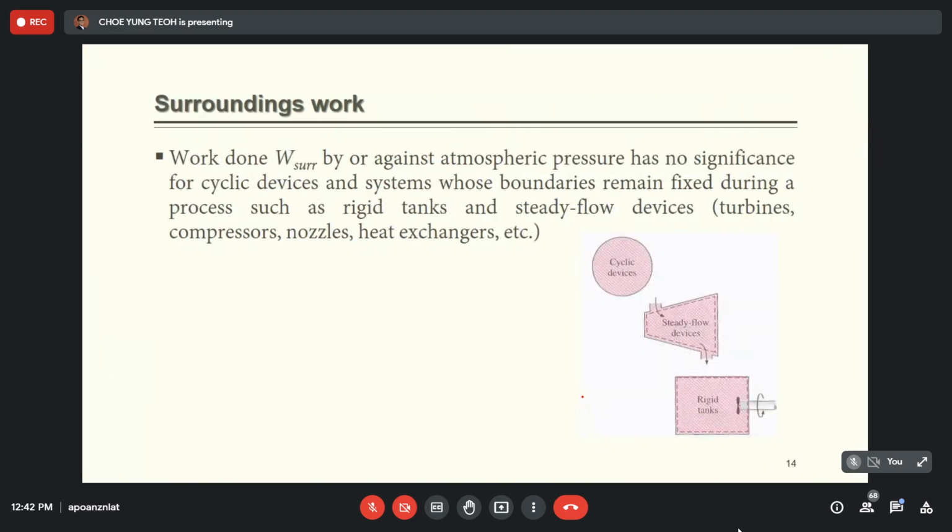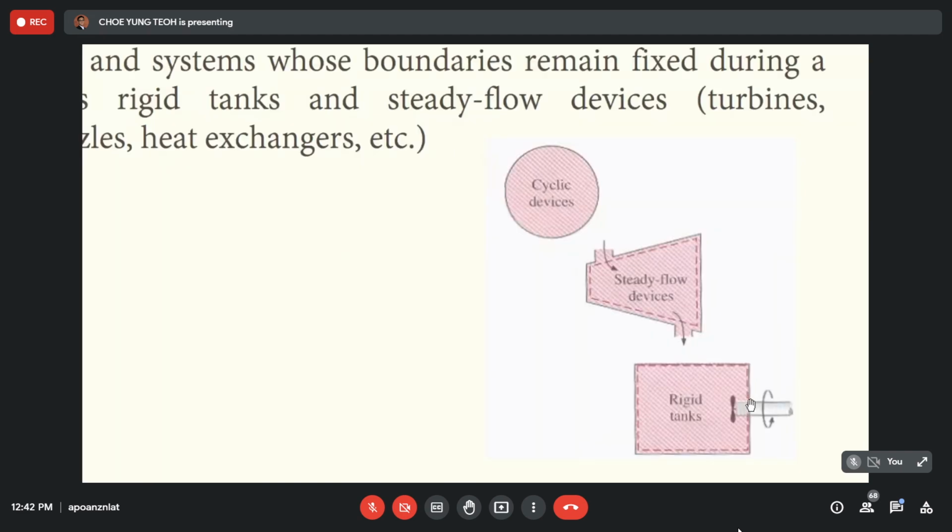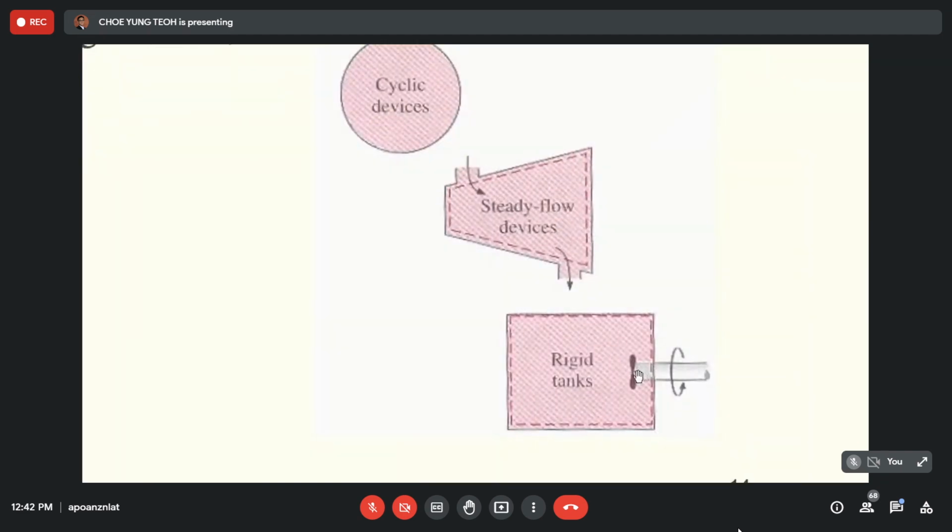And the work done by surrounding or against atmospheric pressure has no significant effect for cyclic devices, and systems whose boundary remains fixed during the process, such as the rigid tank, and steady flow devices such as the turbine, compressor, nozzle, and heat exchanger. In the rigid tank, the blade is rotating inside to give you the power, or you transfer the power to the rigid tank.